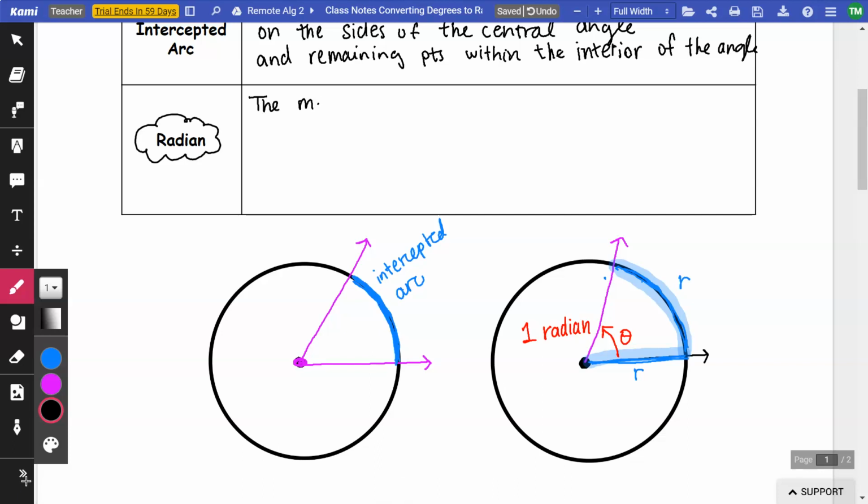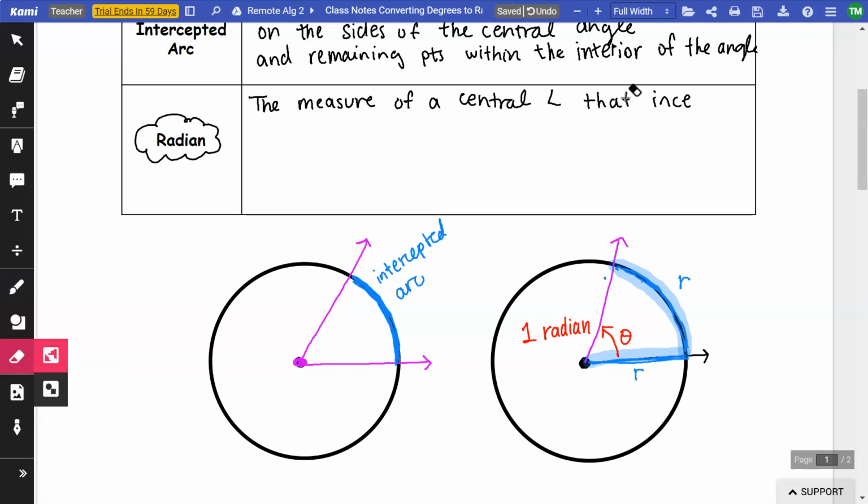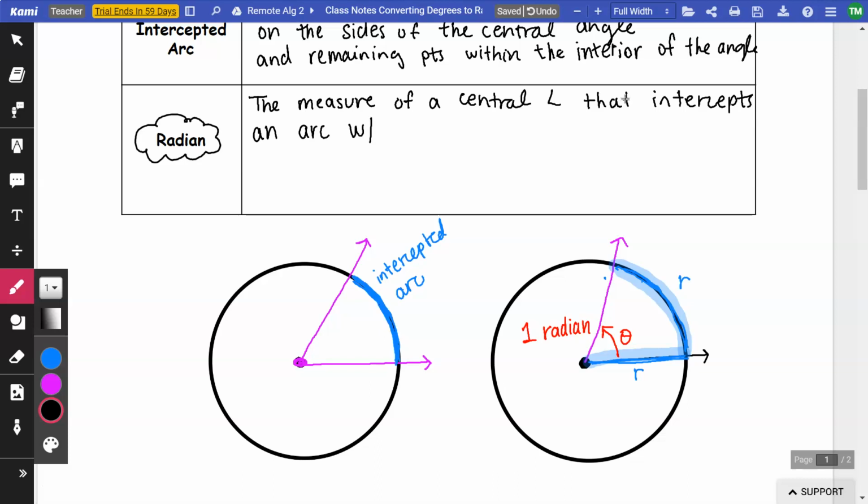So the measure of a central angle that intercepts an arc with length equal to the radius.